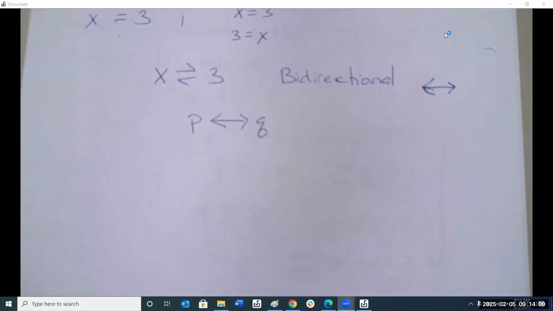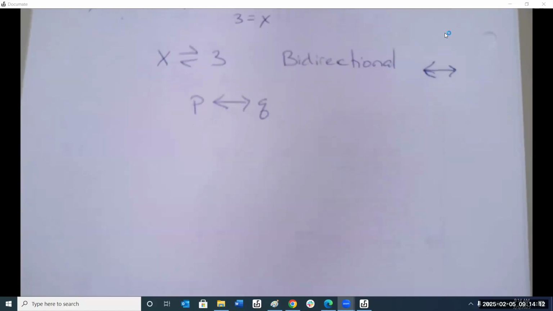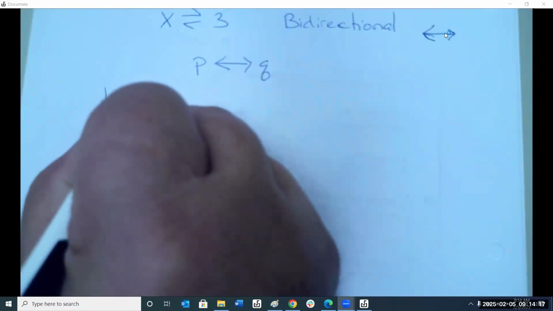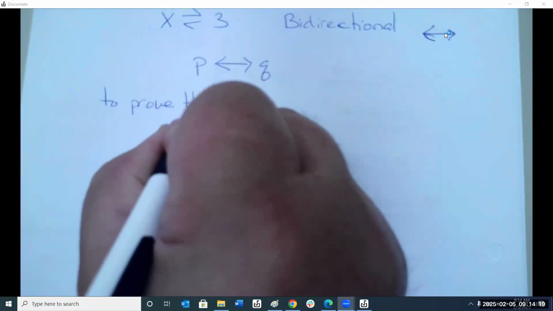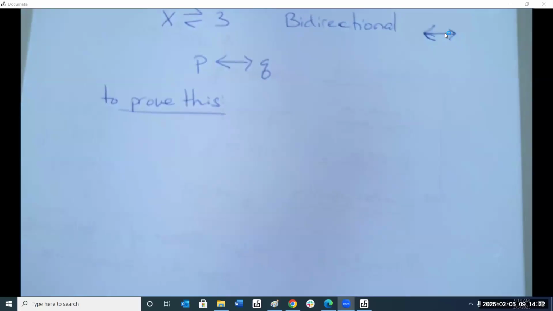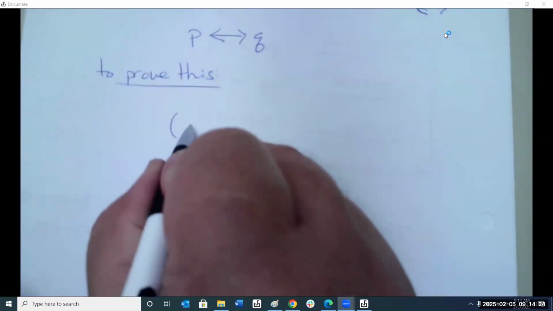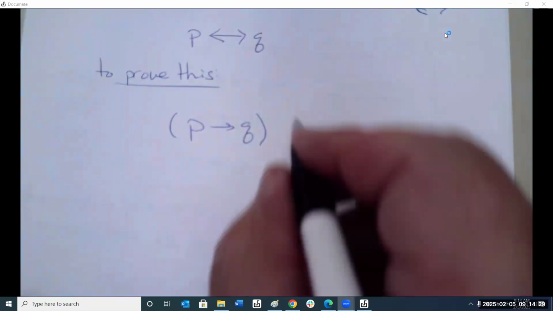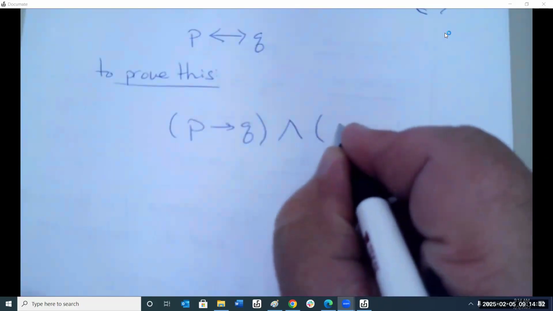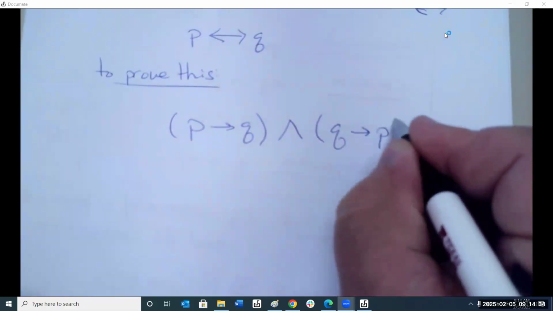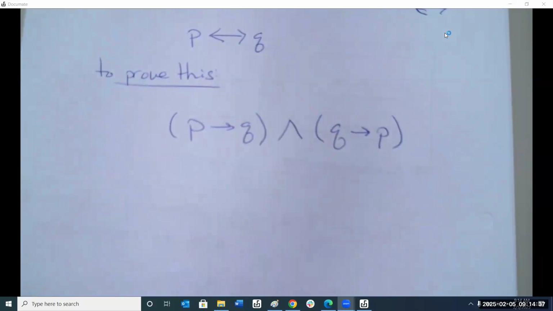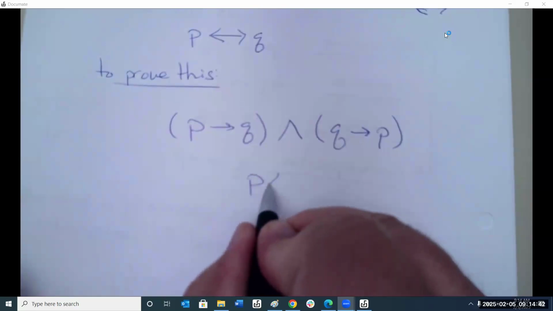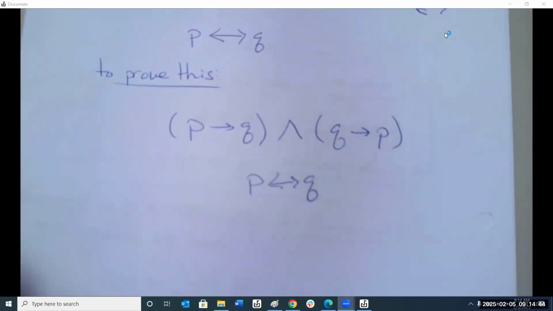Now, how do we prove this mathematically? To prove this, we have to look at if P implies Q and if Q implies P. That's what equality equals. This is how we prove this.